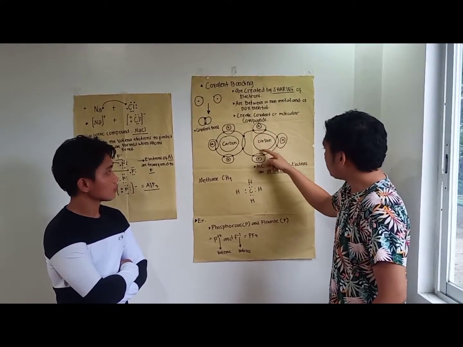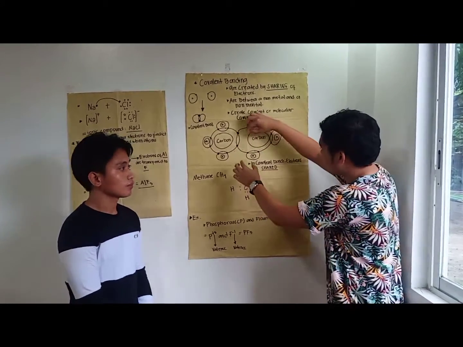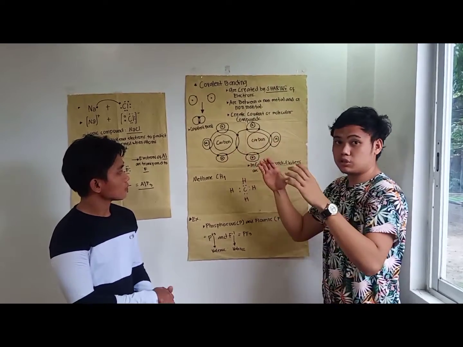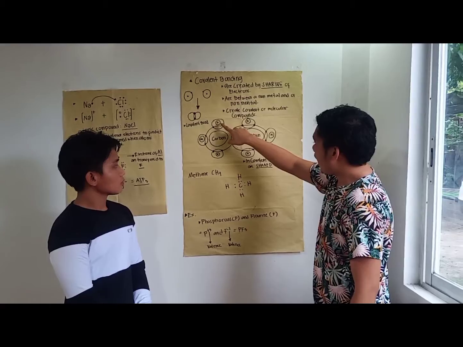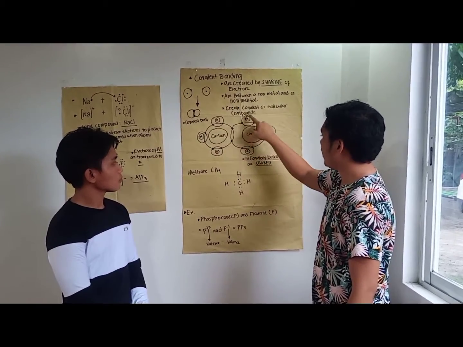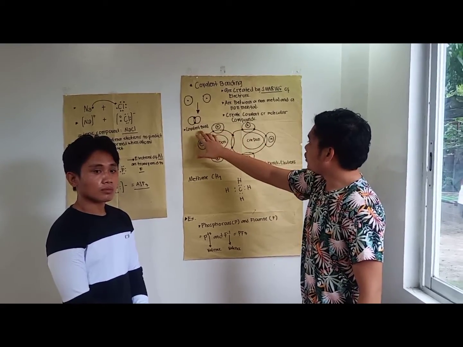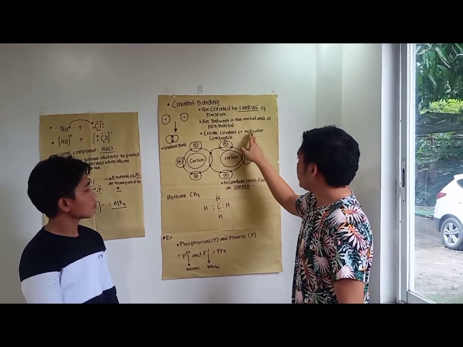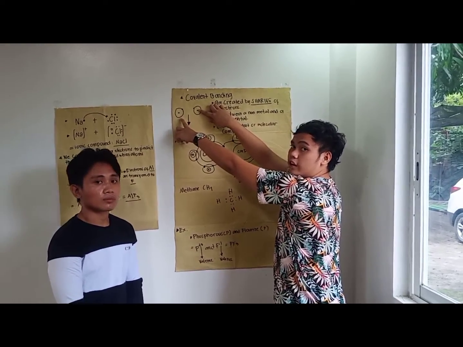When two atoms combine, they share, and sharing has 2 dots because they are connected. Take hydrogen: that is sharing. Covalent bonding creates covalent or molecular compounds.